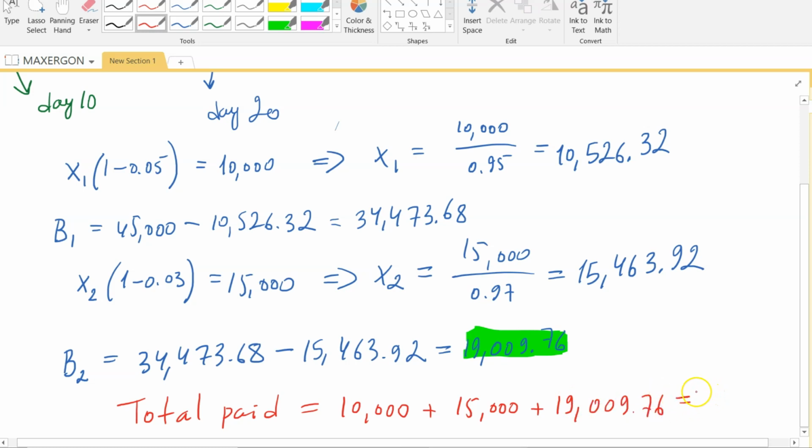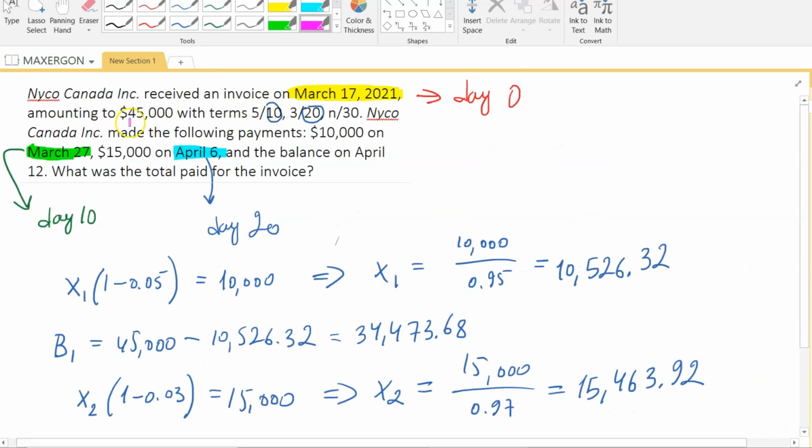This is equal to $44,009.76. This is the answer to this problem. The company paid $44,009.76 for this invoice of $45,000 by making two partial payments specified in this problem.